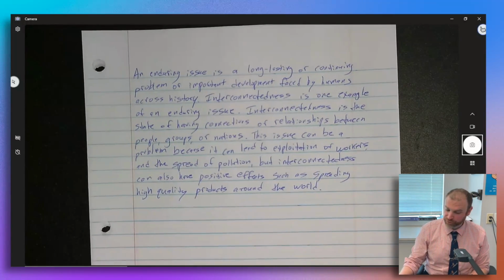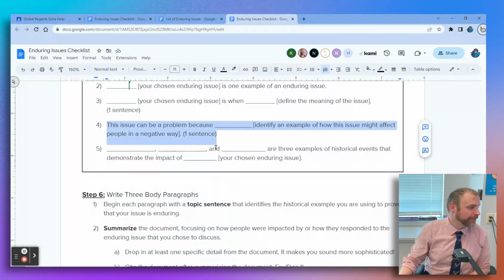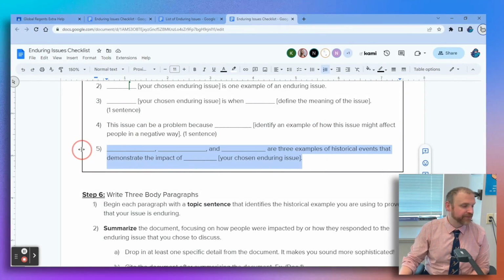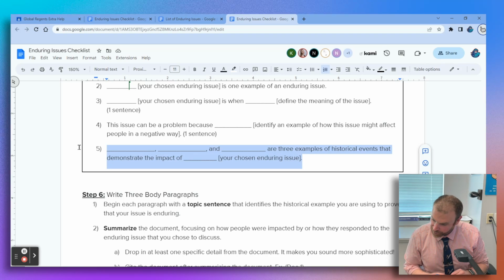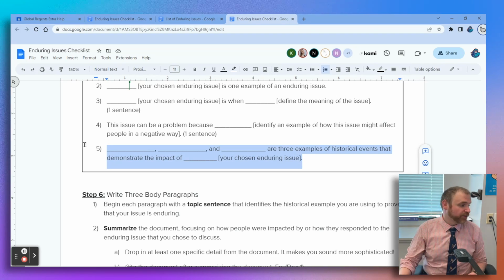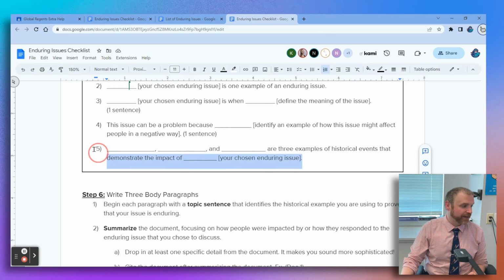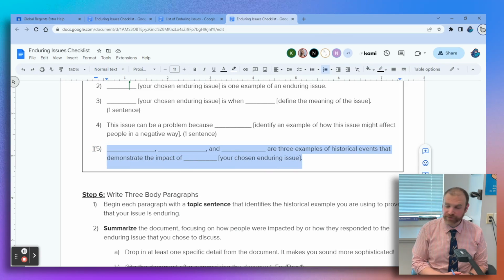So we have one more step, and this is why I said it might be a good idea to give each document you're using some kind of a name. Okay, this is why we named document 1 the Industrial Revolution, why we named document 4 child labor around the world. Because what we're going to do is plug those event titles into the blanks of this last step here.